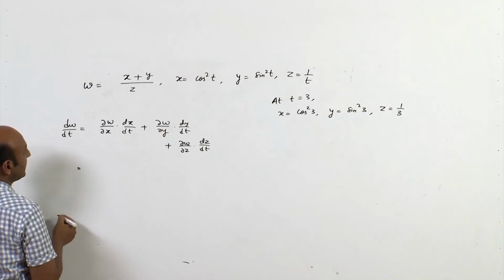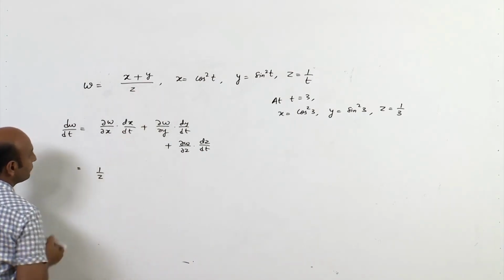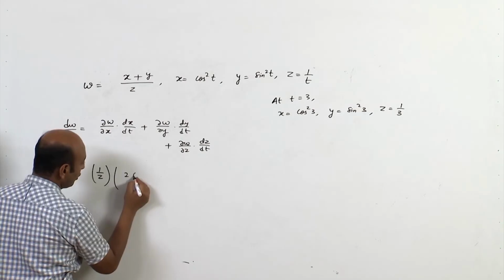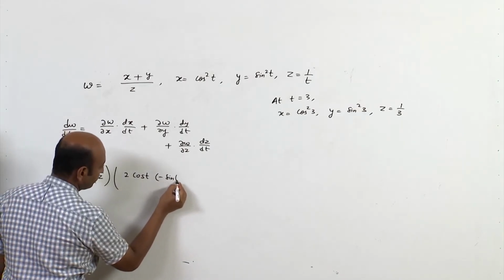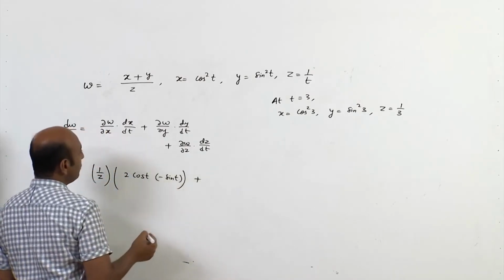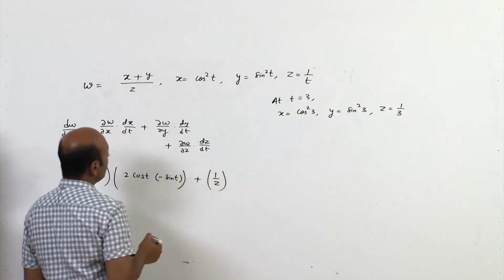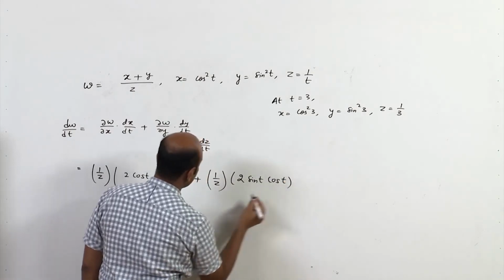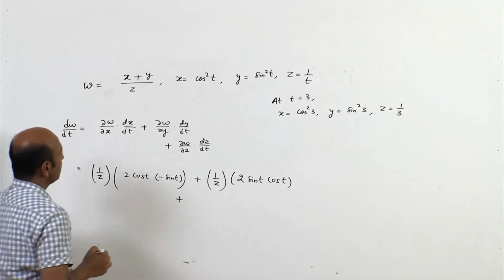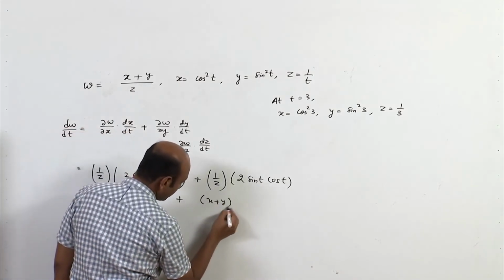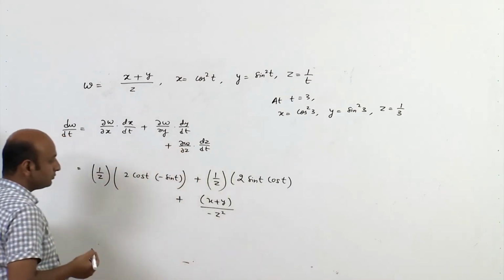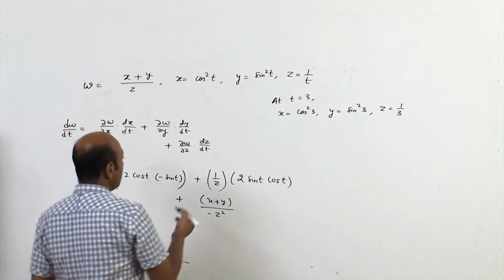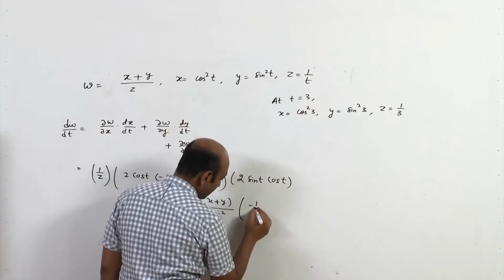So, this will be del w by del x from here is 1 by z, and into dx by dt, which is 2 cos t into minus sin t, plus del w by del y is again 1 by z into dy by dt from here is 2 sin t into cos t, plus del w by del z is x plus y upon minus z square, because the derivative of 1 by t is minus 1 by t square, into dz by dt, and dz by dt is minus 1 by t square.